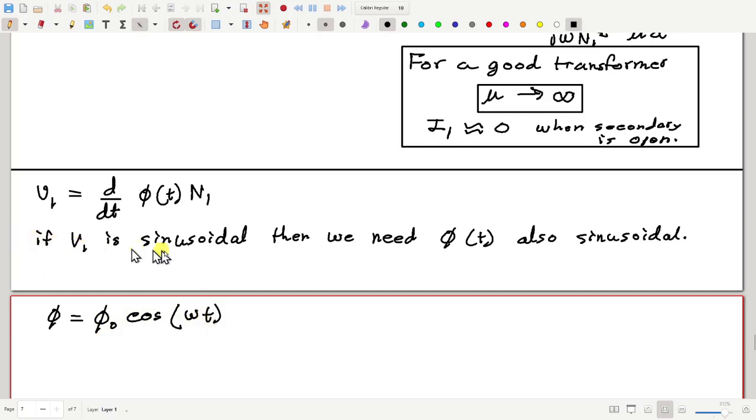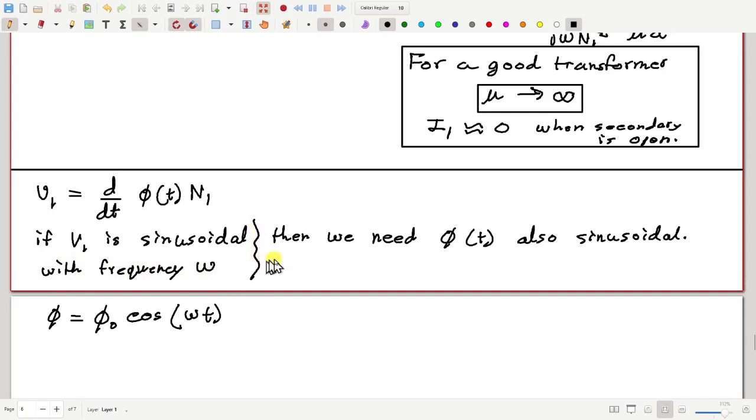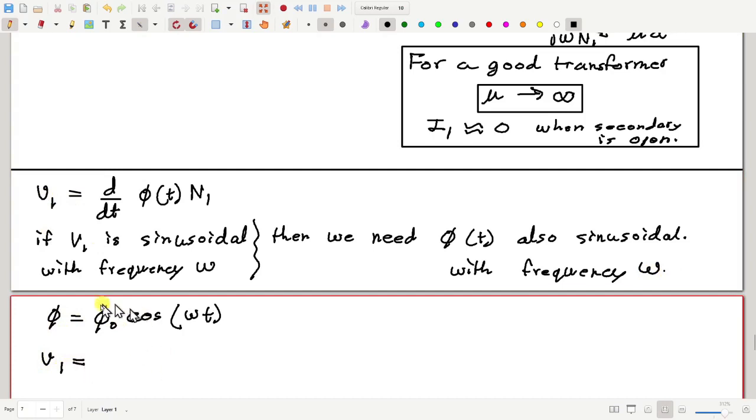If V1 is sinusoidal with frequency omega, then phi should also have the same frequency. Then how much will be V1? If you do this differentiation, we will get phi naught omega cosine, and the derivative of cosine is minus sine.